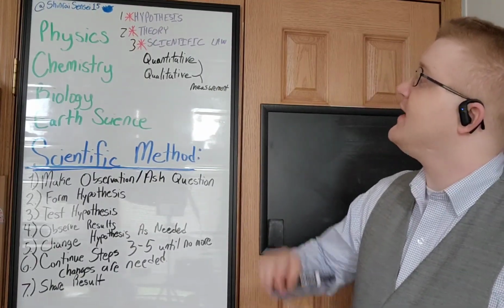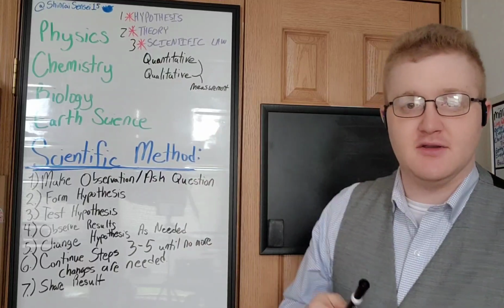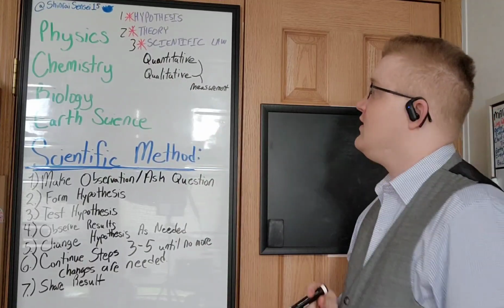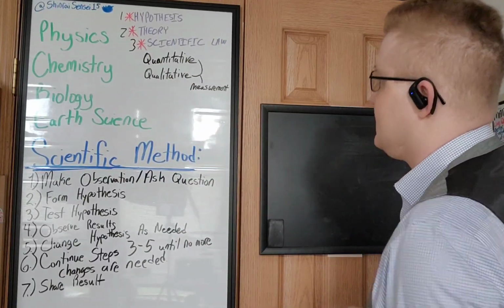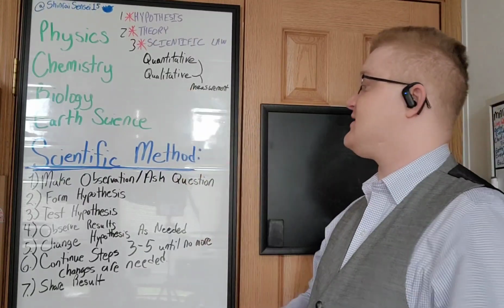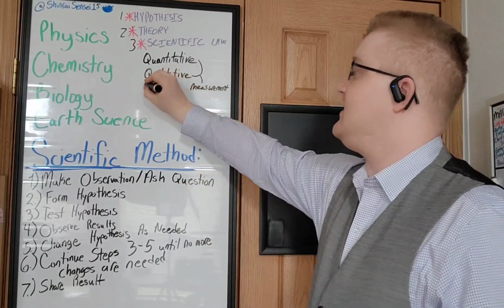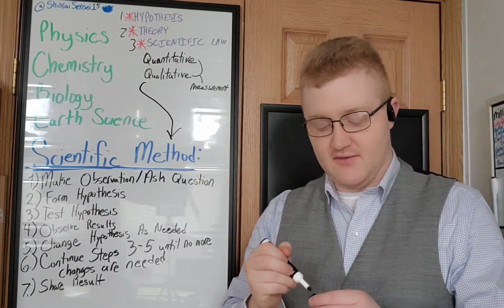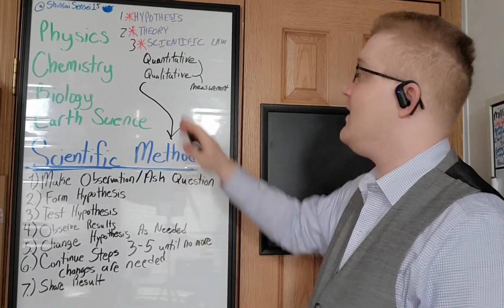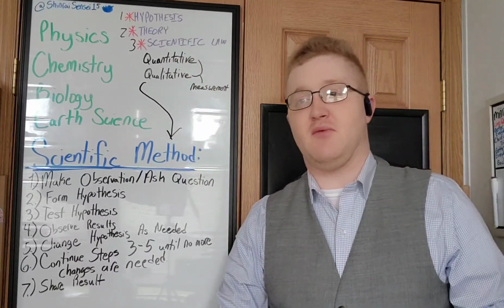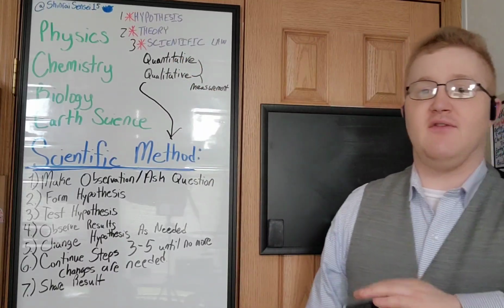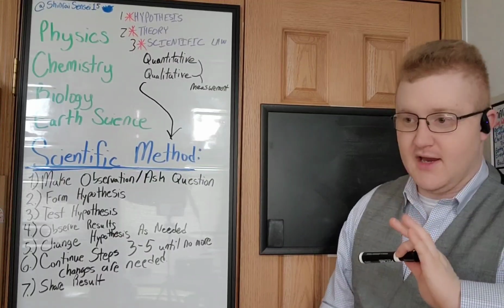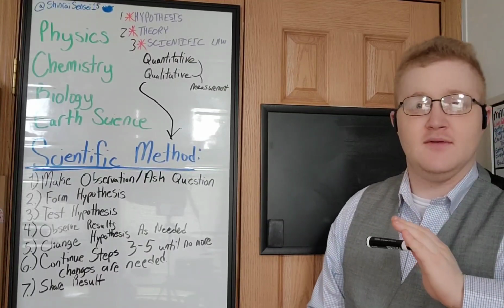Now, moving on to these types of measurements as our last part of the lesson today, you have quantitative and qualitative measurements. And this is going to be a huge thing when you're testing for your scientific method. These go very much directly involved in your testing of the scientific method, right? So a quantitative measurement is something that can be replicated because you're giving a defined amount of something.